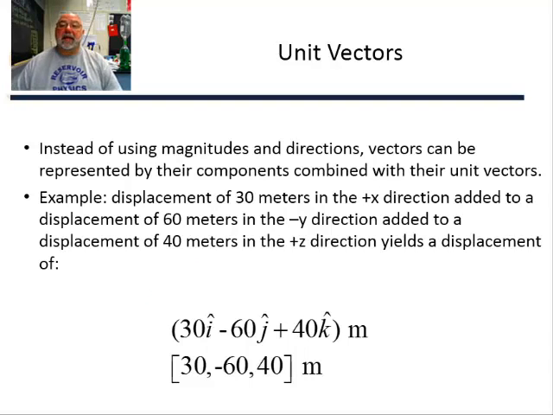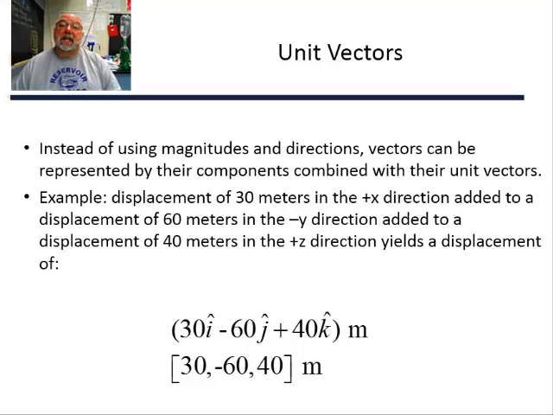Now, why do we have unit vectors? Instead of using magnitudes and directions, which are in the polar coordinate system or sometimes cylindrical coordinate system, we represent our vectors by their components, which are actually scalar quantities, multiplied by their unit vectors.